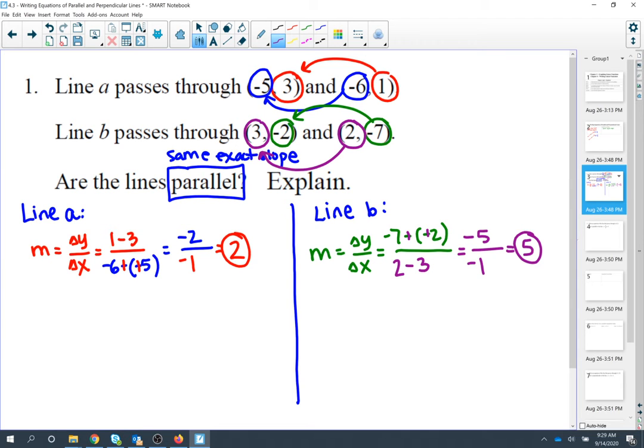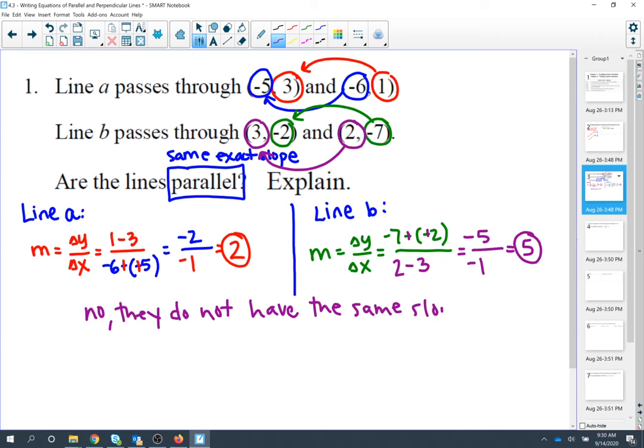Are they exactly the same? No. So are the lines parallel? I would say no, they do not have the same slope.